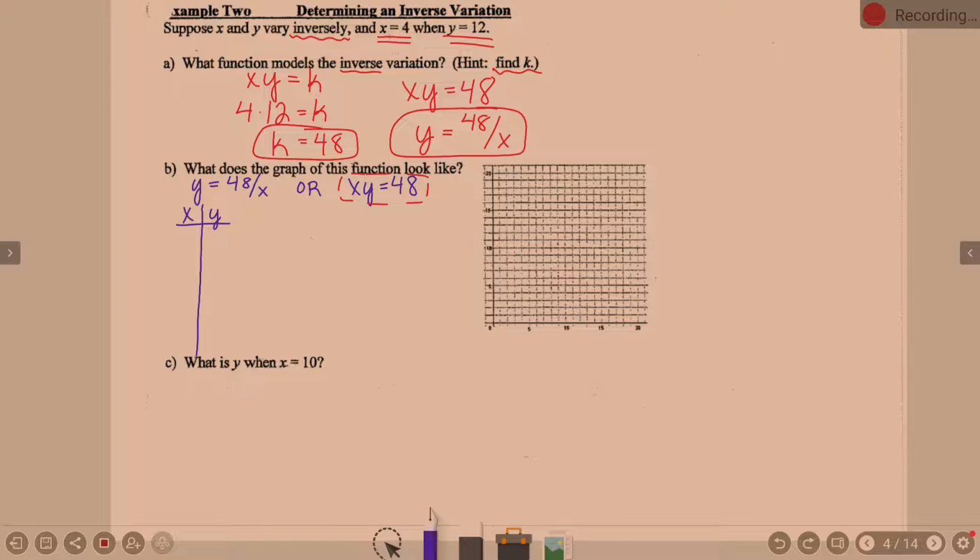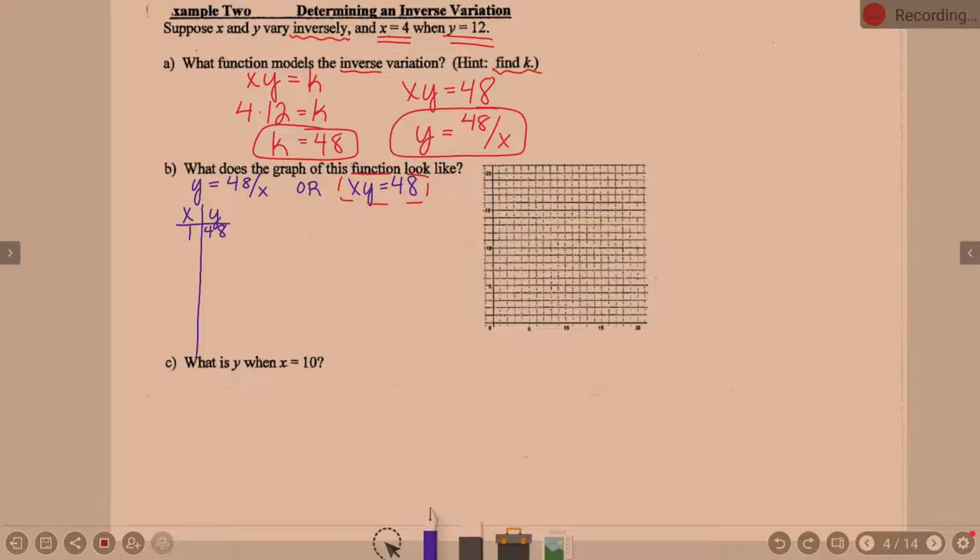Keep them coming. 3 and 16. 6 and 8, or 8 and 6. I think the one you guys forgot to begin with is 1 and 48, and that's fine.